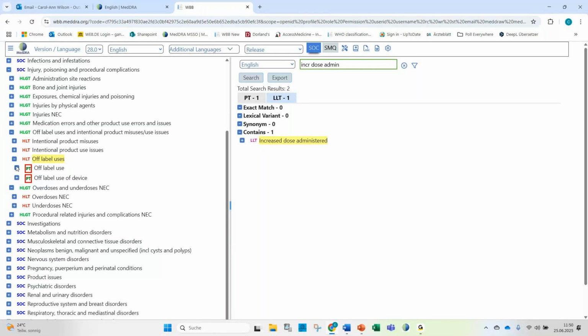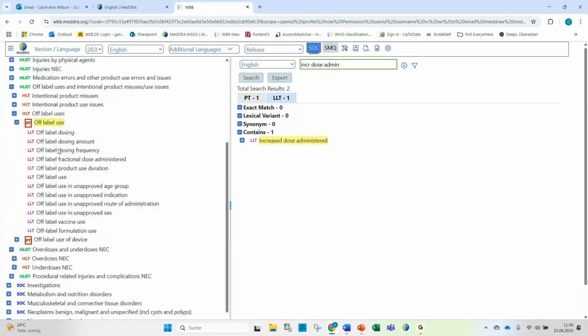If I open the off-label use, you see the specific LLTs that are available here. So off-label use, unapproved age group, route of administration, unapproved sex, use duration, fractional dose administered, dosing frequency. We have an unapproved indication. So LLT off-label use in unapproved indication would be the correct assignment.